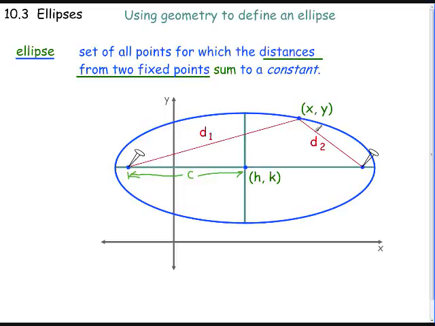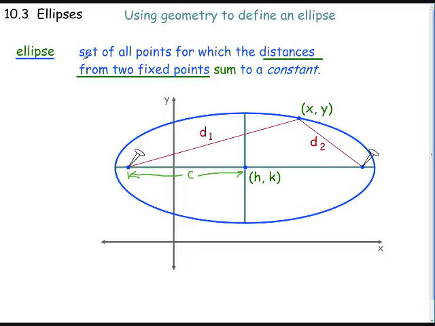If I took a string and tacked it into each of the foci, as I move my string around, keeping this taut, it would form an ellipse. That's what I'd love to demonstrate in class.